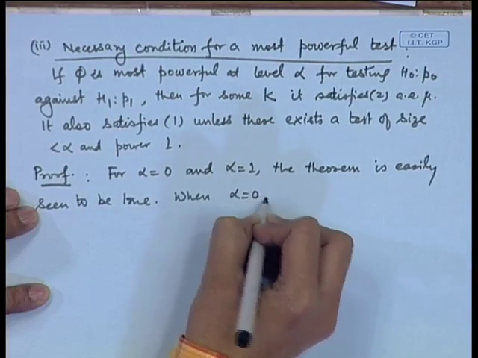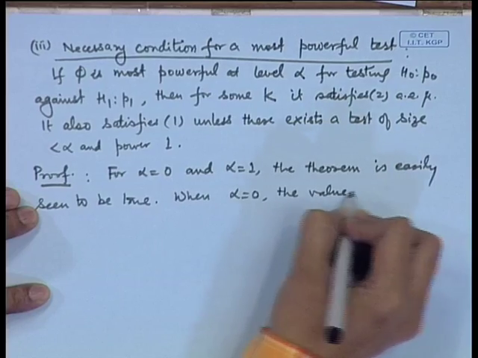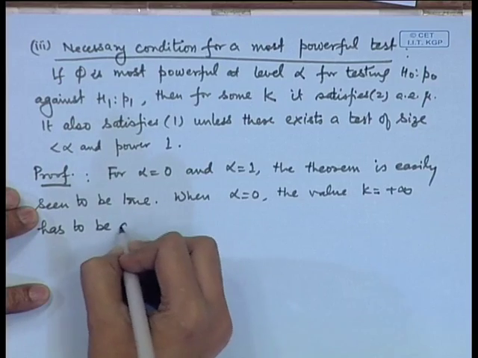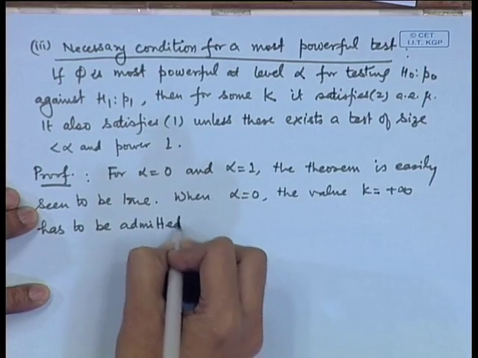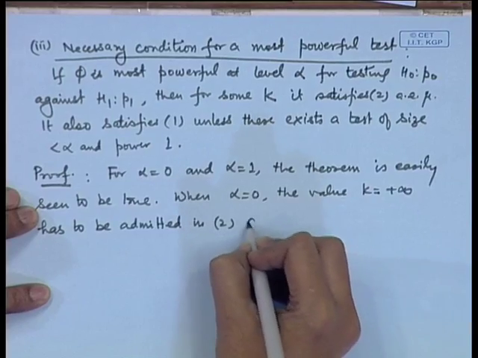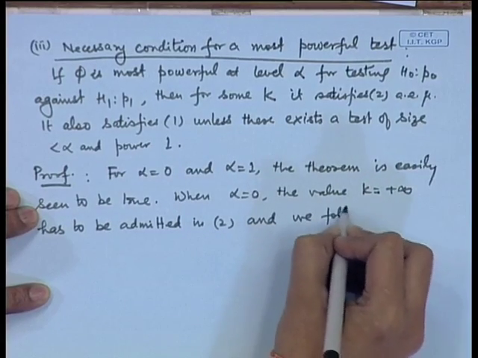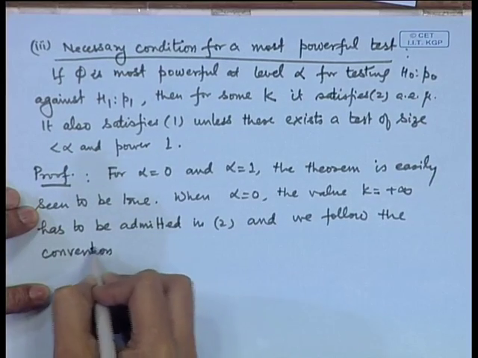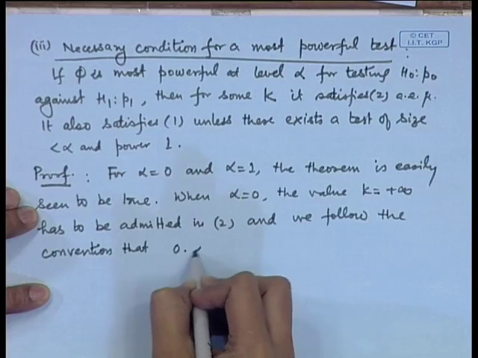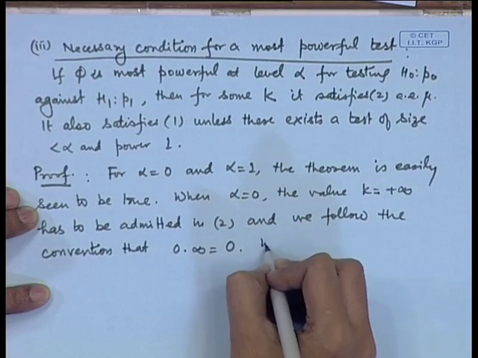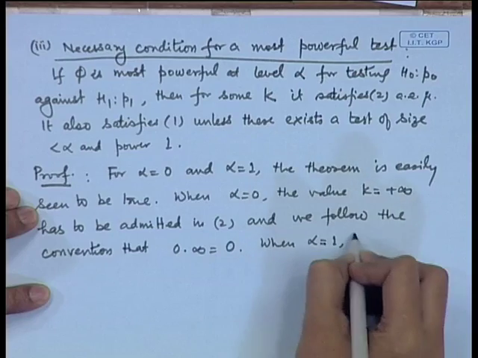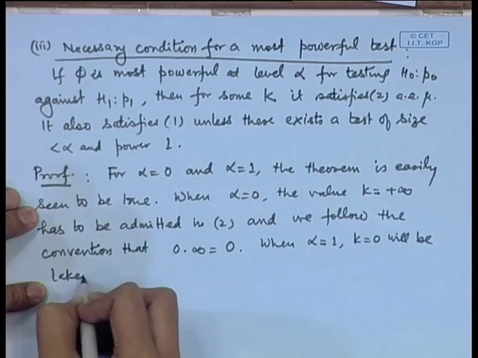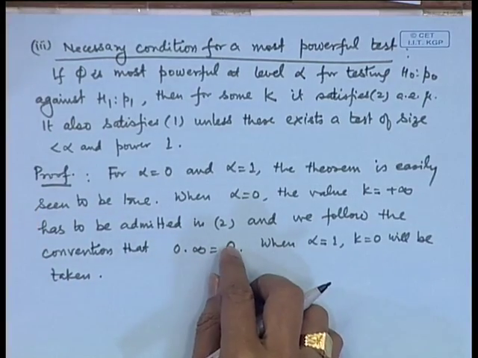When alpha is equal to 0, the value k equal to plus infinity has to be admitted, and we follow the convention that zero into infinity is equal to 0. When alpha is equal to 1, k equal to 0 will be taken. Let us look at these two choices.